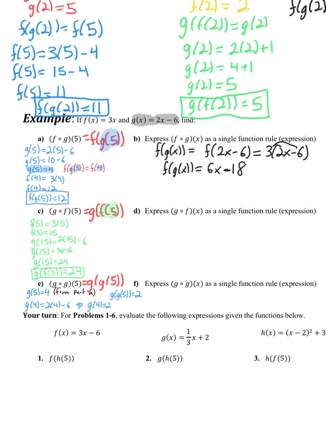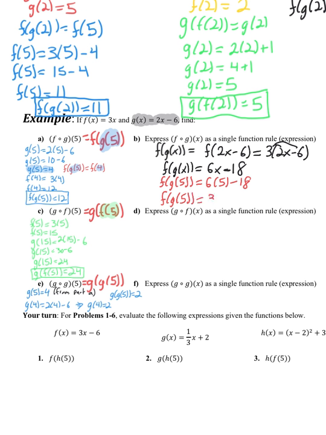And what that does is that combines the functions in general, like a general form of the functions. And that can save us steps along the way. What I mean by that is, now let's say that I asked you again to find f of g of 5.